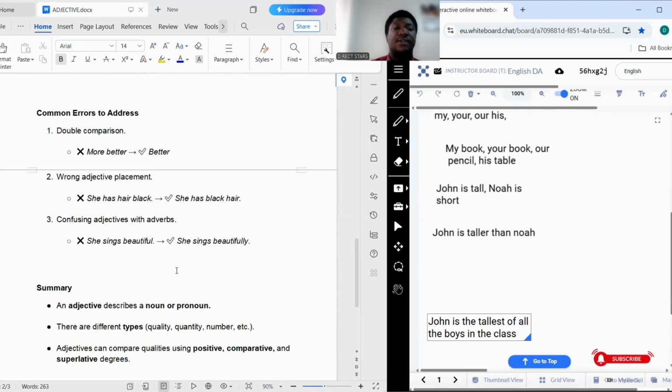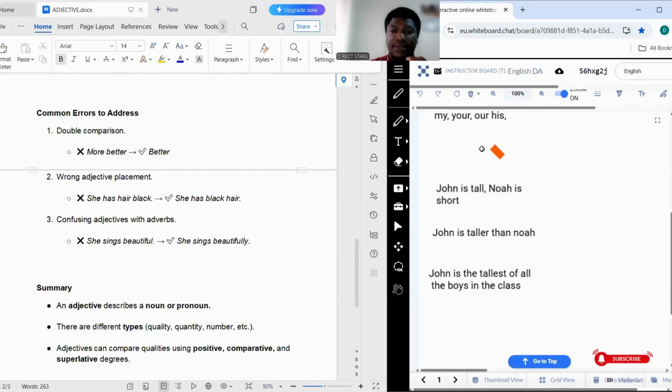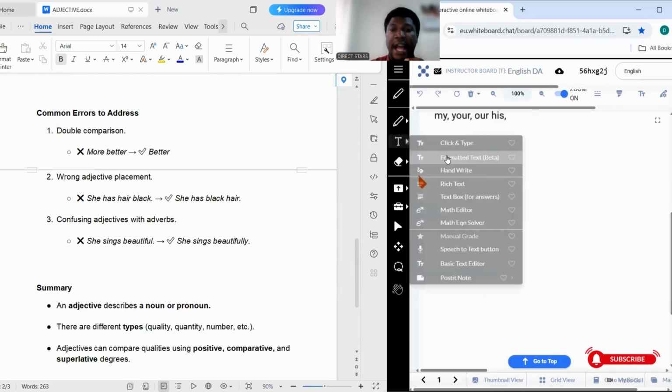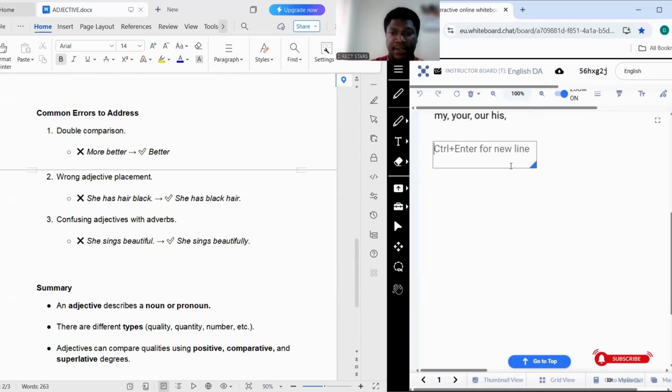Now, there are several common errors to address. The first is double comparison. Some words are already in comparative form, so you don't need another word to describe the noun that you are trying to give more description to. So you can't say things like more better, because better is already in its comparative form.